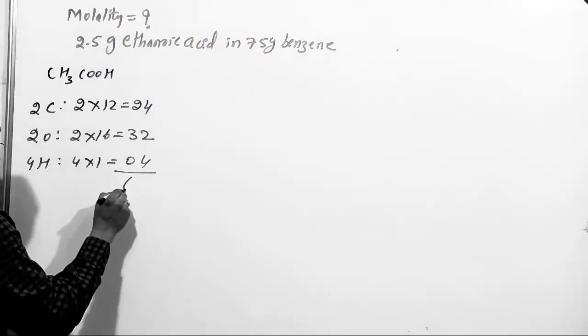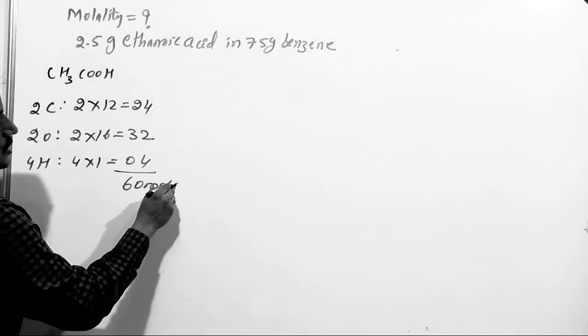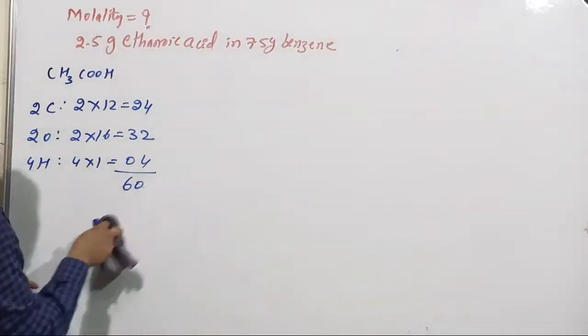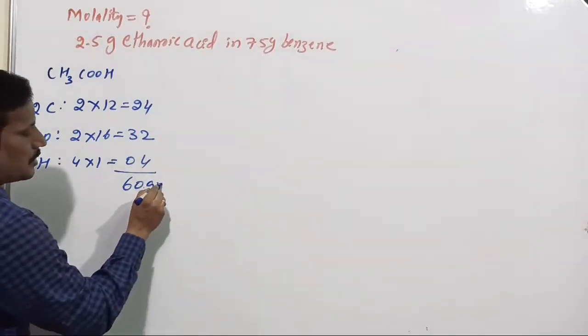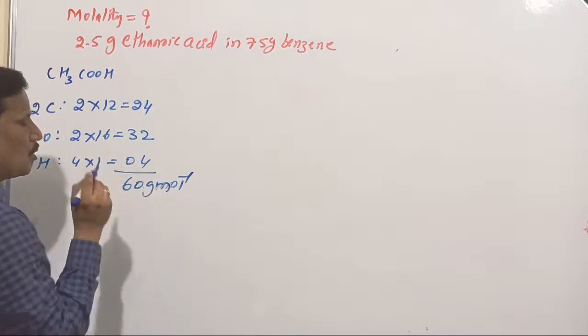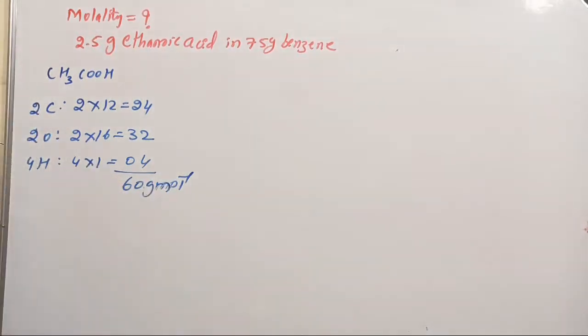Together it is 60. The molecular mass of acetic acid is 60 gram per mole.